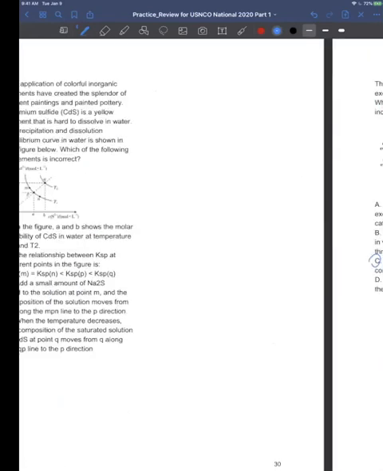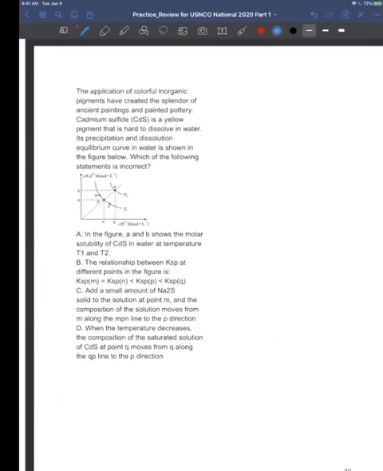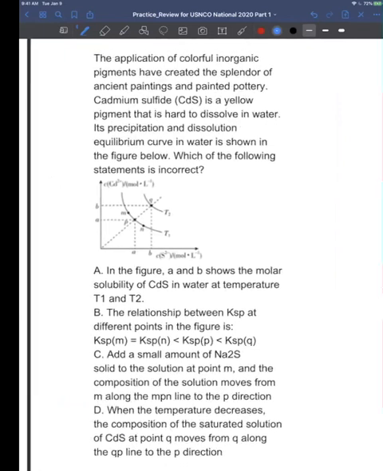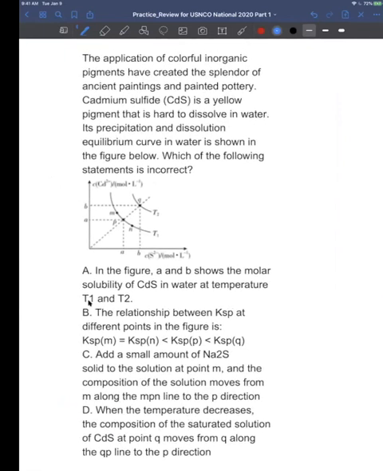This one is too hard. Maybe we can try this one, a little bit long, and also a diagram-based question.